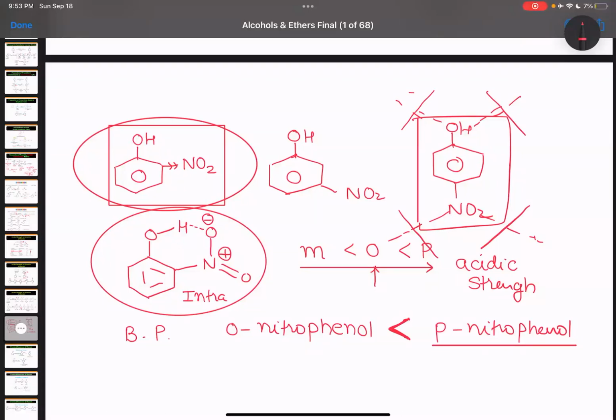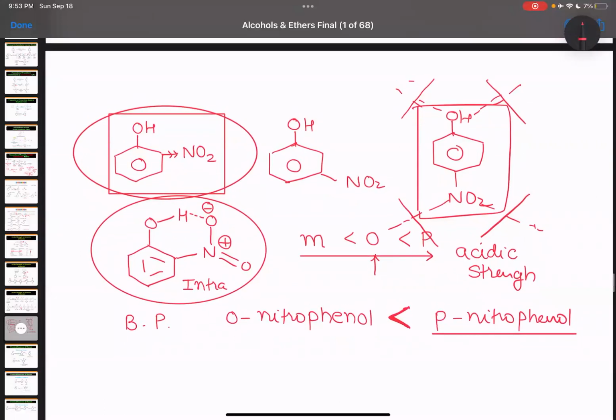Clear. And there is a very, very common question. How do you separate orthonitrophenol and para-nitrophenol? By steam distillation. And why steam distillation? Which isomer is distilled by the steam? Which isomer is steam volatile?